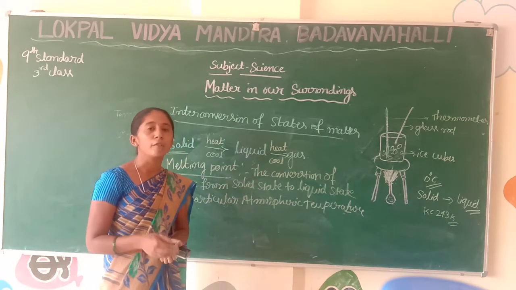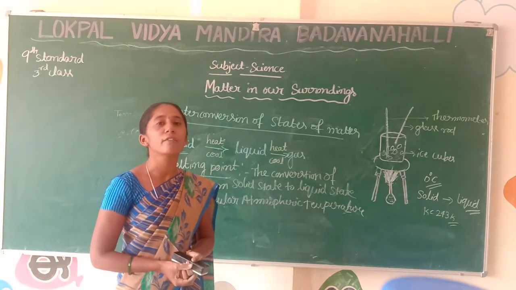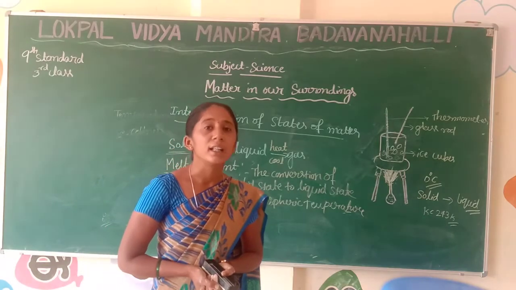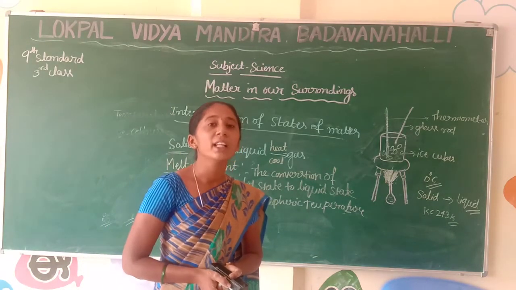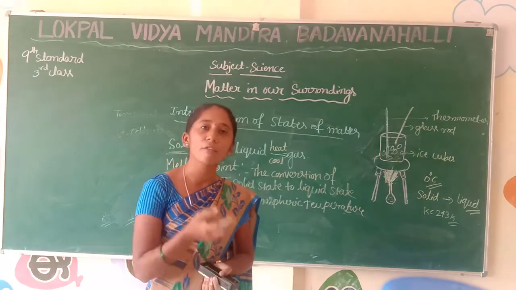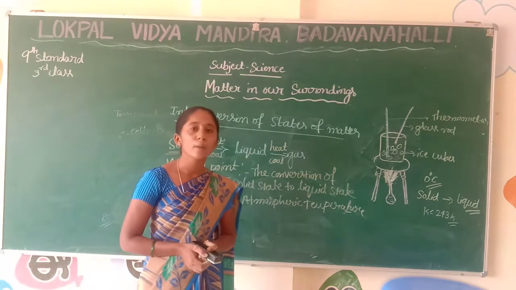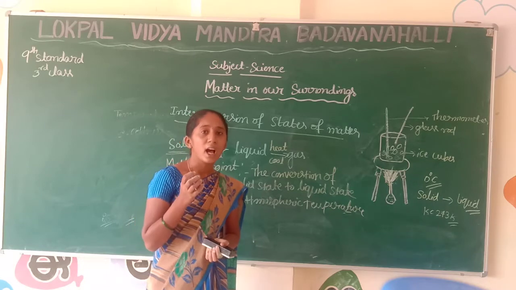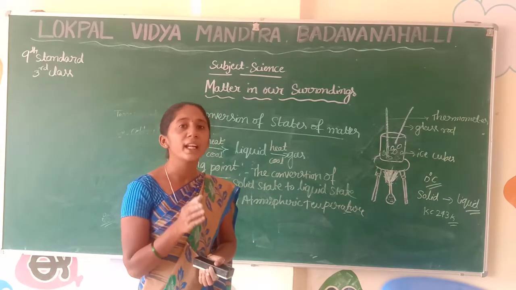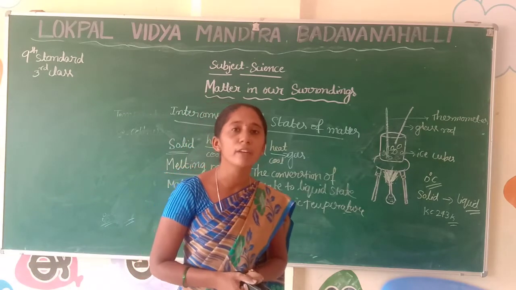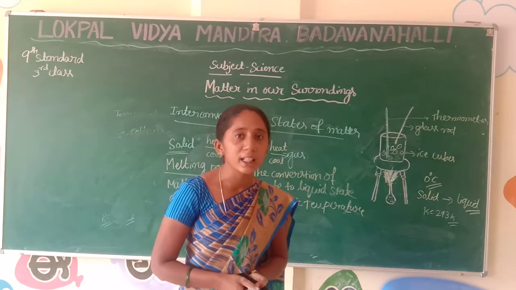After that, we are providing excess heat to the matter, but the temperature does not rise. Why does it not rise after melting the ice cube? Because the heat is involved in the process of breaking the bonds present between the ice cube particles.